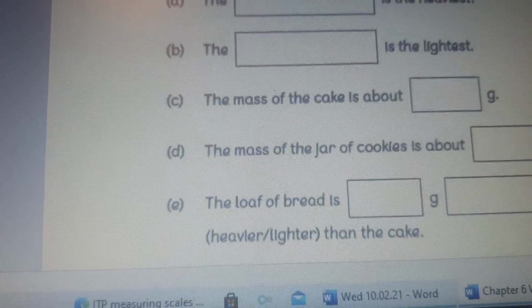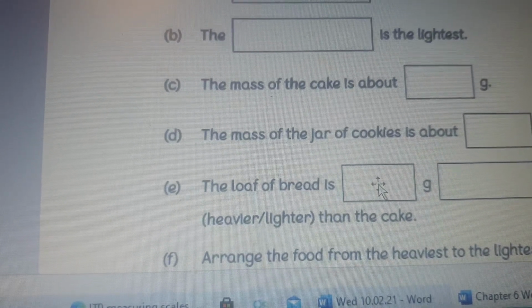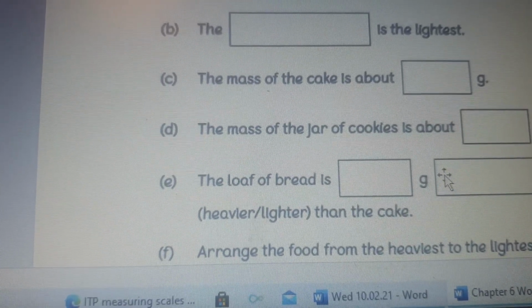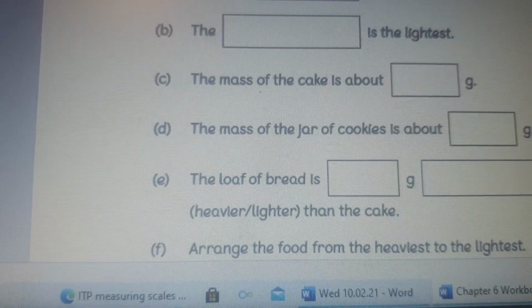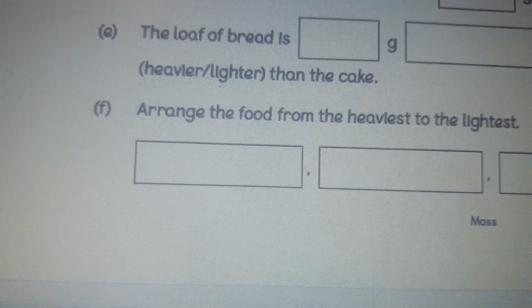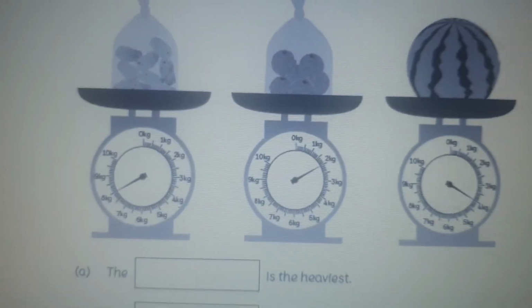The loaf of the bread is how many grams? And here, is it heavier than the cake or lighter than the cake? And then lastly, arrange the food from heaviest to lightest.